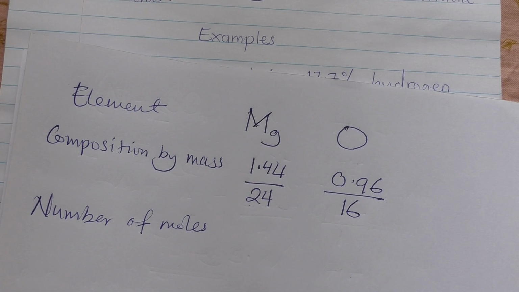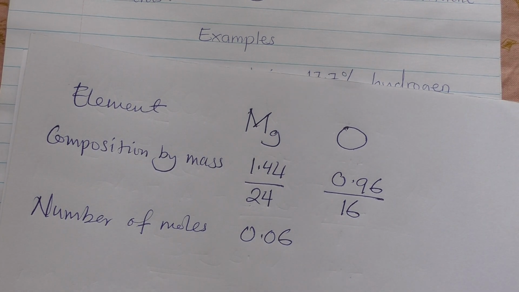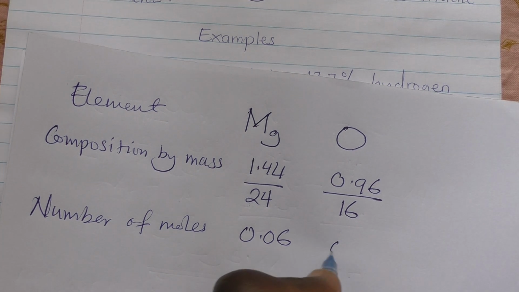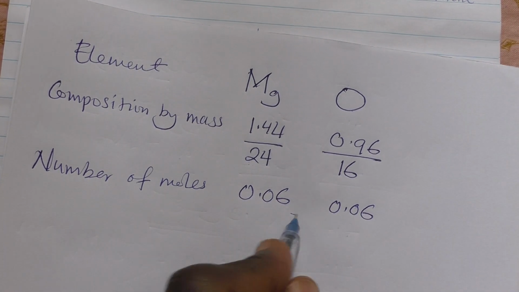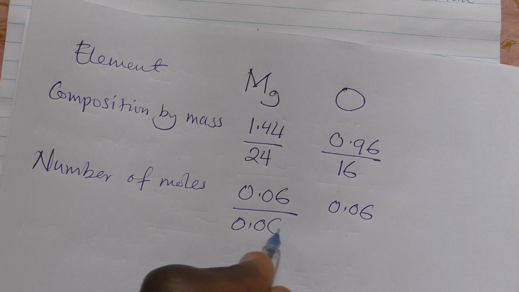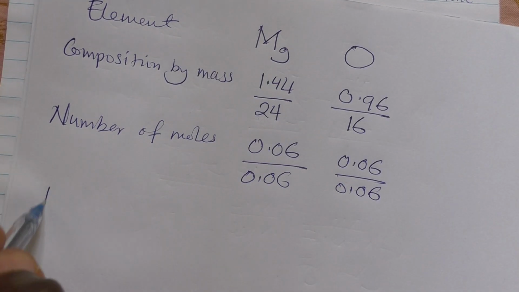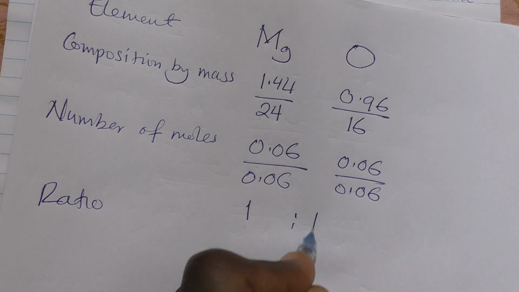So when we divide 1.44 by 24, that gives us 0.06. Then when you divide 0.96 by 16, that gives us also 0.06. And now we reduce by the smallest, so that gives us the ratio as 1 to 1.